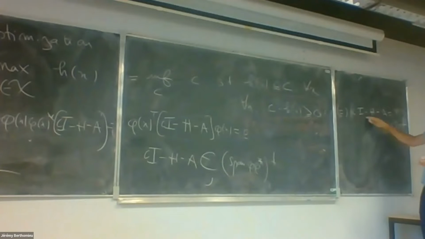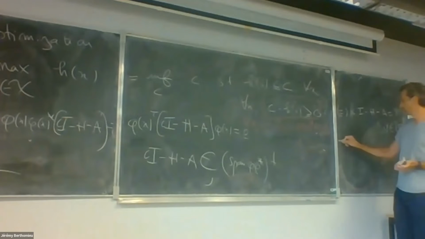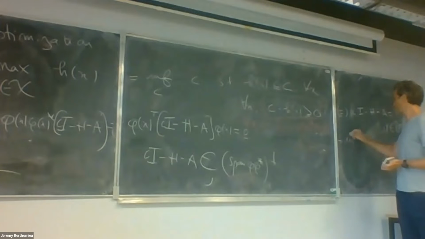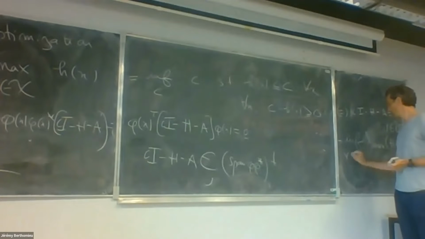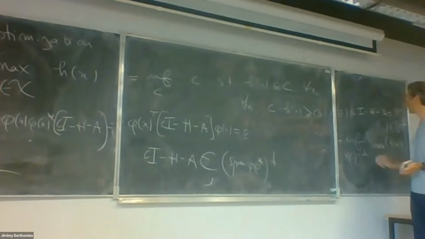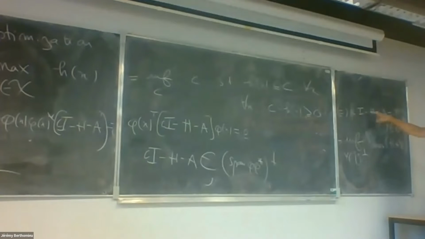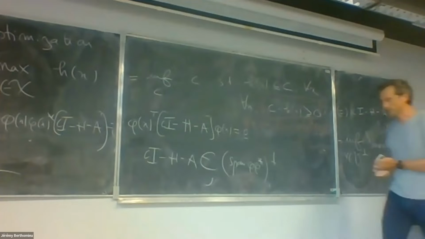And I increase C, so I get equivalently the infimum of lambda max of h plus y, for y in the orthogonal. If you optimize over C and A being PSD, you end up with C being the maximal eigenvalue of h.